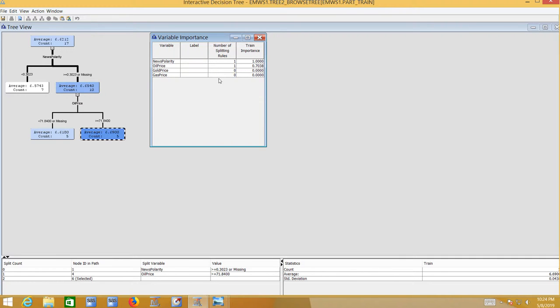As you can see, the most important variable in this model is news polarity. And as we discussed in the last video, news polarity for Petronas had a positive 0.15 correlation with the stock price of the company.